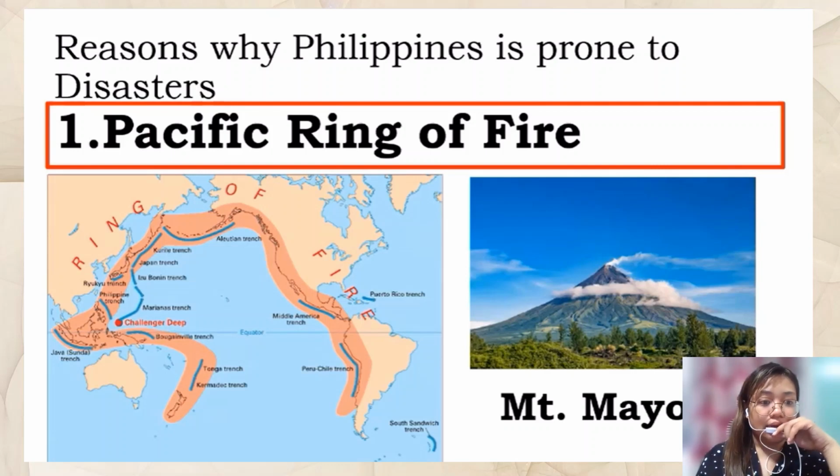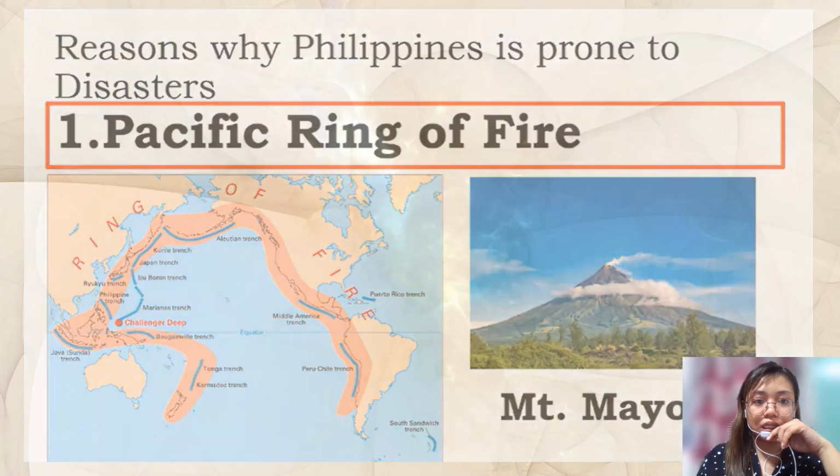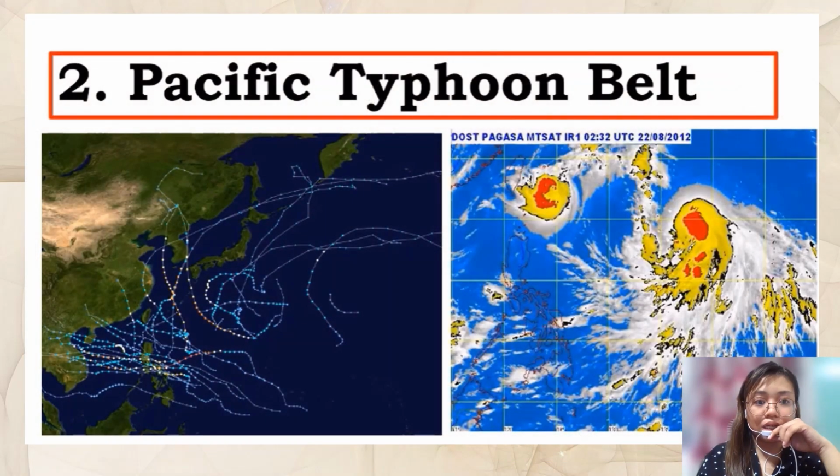Also, the Philippines is located in the Pacific Typhoon Belt. So we continuously experience various typhoons in the country in 1 year, or different years. Maybe we can experience 12 or more typhoons.